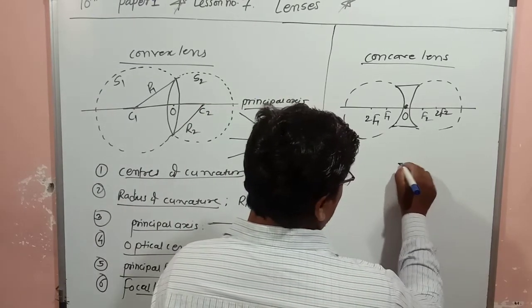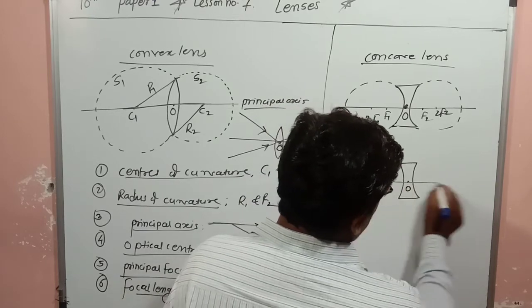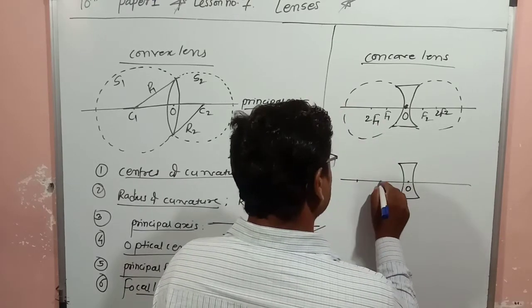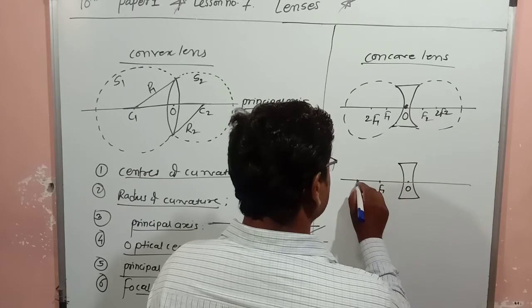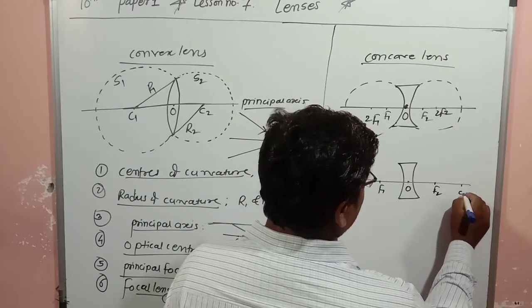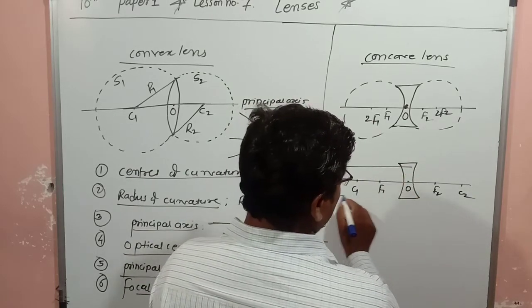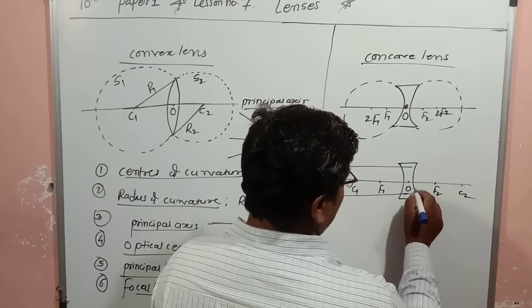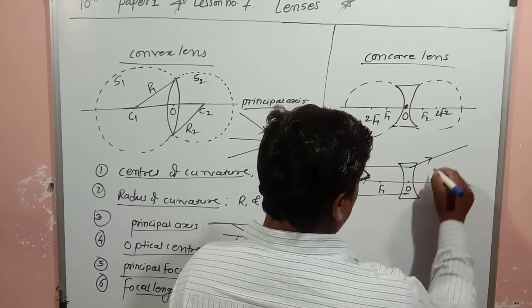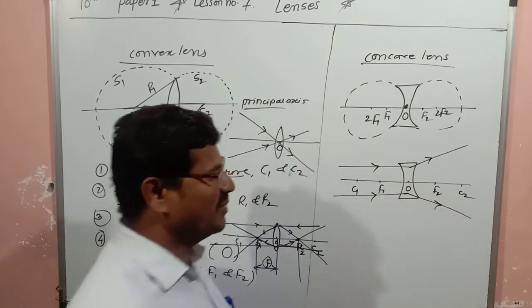Suppose this is the lens, the optical center is there, F1 is here, C1 is here, F2 will be here, and C2 will be here. If light rays are coming parallel to the principal axis, after refraction they diverge, because it is a diverging lens, so they get separated.